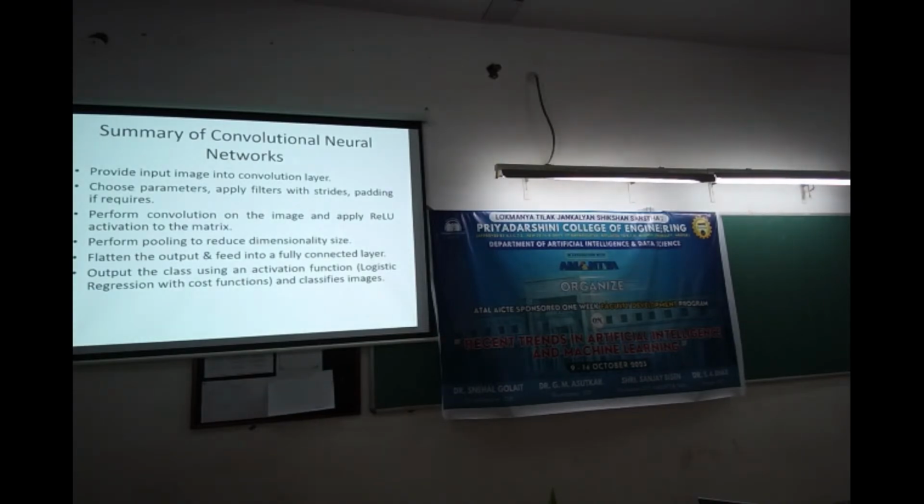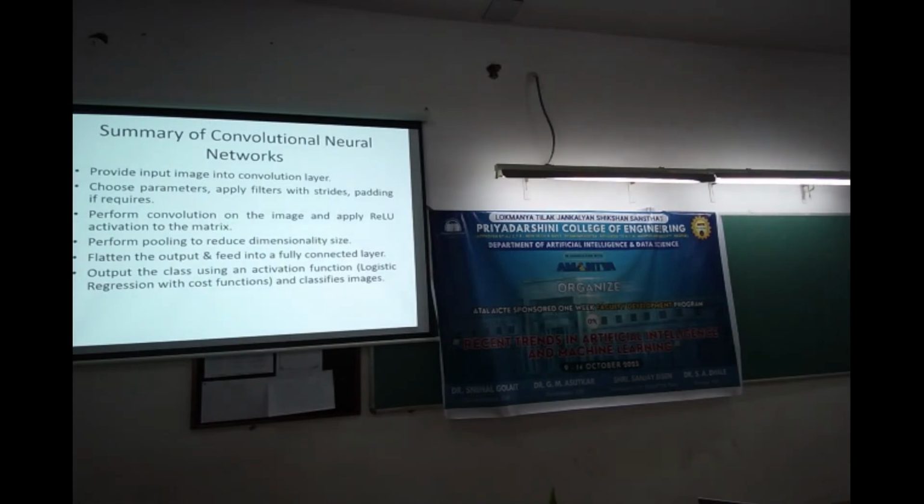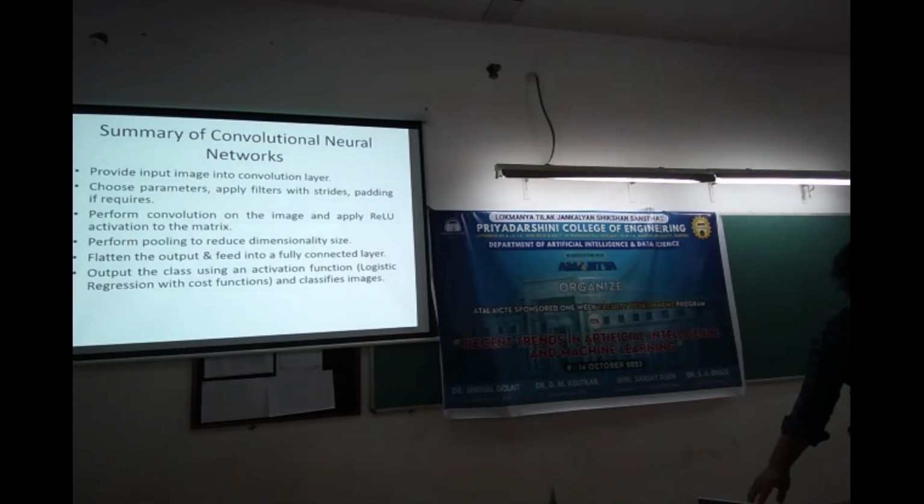We provide an input image, then we decide the number of filters, the number of channels that we are applying, how many filters there are, how many neurons there are in that layer, how many convolutional layers there are in total, after that how many fully connected layers there are, and lastly the softmax layer for the classification task. So all these things we are looking at in the context of computer vision kind of problems.